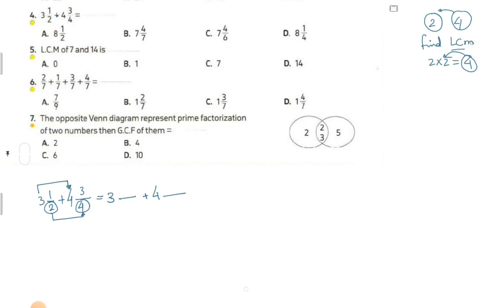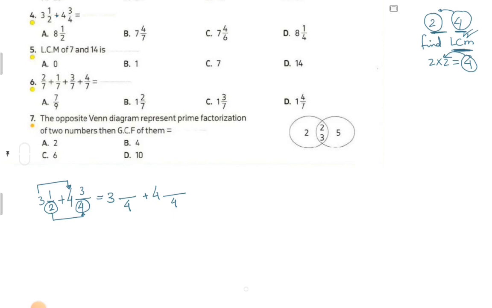Now I can find that the LCM of two numbers, where one of them is a multiple of the other, is the biggest one, the greatest one. So I can make it 4 as the LCM without a prime factorization.